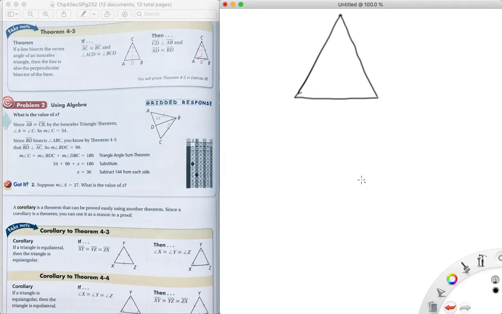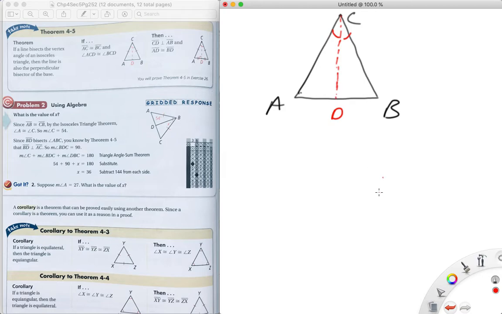And what this says is that if I have a triangle ACB, or ABC, and I draw a line that I know cuts this angle in half, so AC, we call this D, is congruent to BCD.